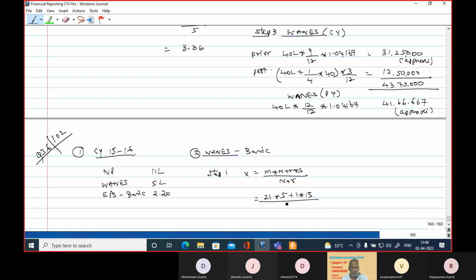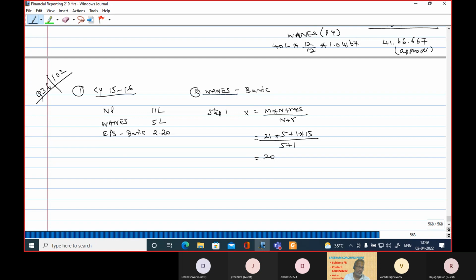So it is 105 plus 15, 120, divided by 6, 20. Step number 2, bonus factor is equal to m divided by x, which is 21 divided by 20, which is equal to 1.05.